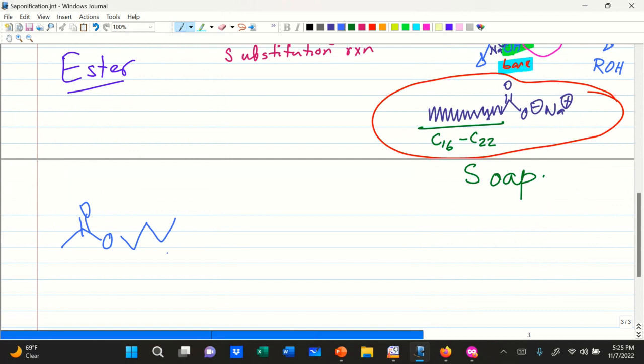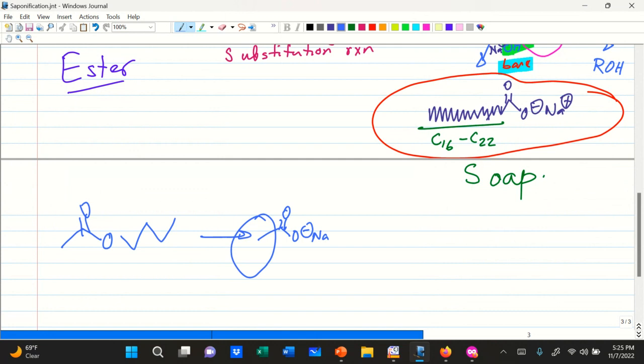That's not really a soap, because that is going to give you a carboxylate which is sodium acetate. That is far from a soap. To be a soap, this has to be really, really large, as I showed you above.